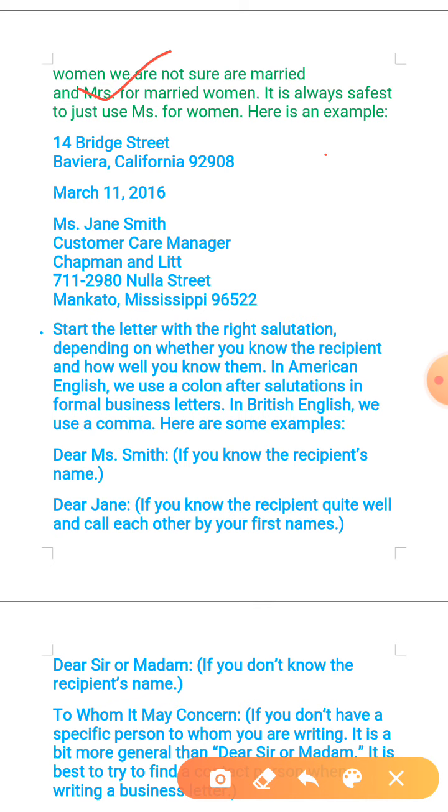Here is an example: 14 Bridge Street, Bavaria, California, 9 lakh 2908, March 11, 2006.